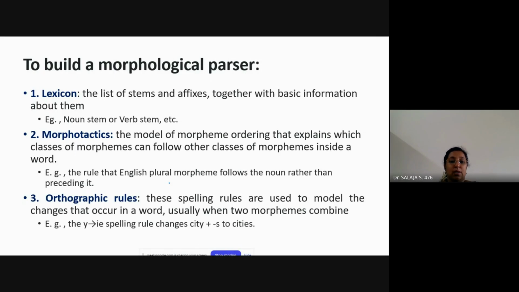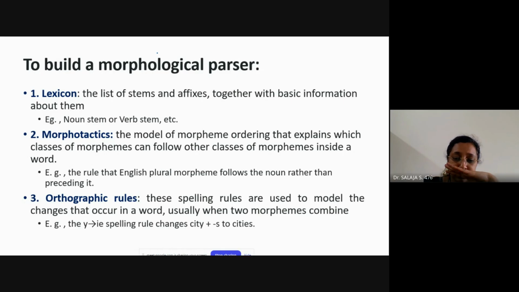The next one is the order in which these things can be combined. Sometimes a noun can be combined with an s if it's plural, but for plural, I cannot have it on the left. So the order in which these root words and the affixes have to be combined should be known to us.